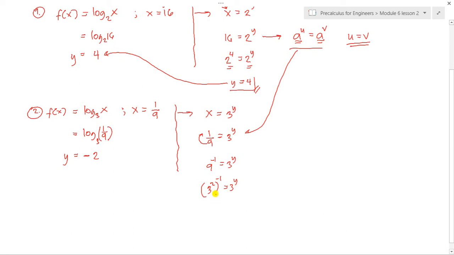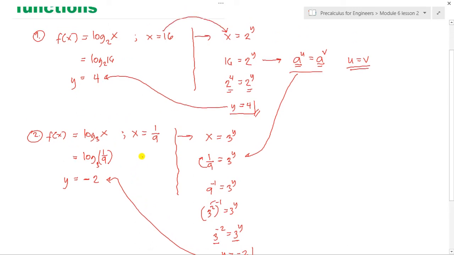They now have the same base. By the power rule, we multiply the exponents, so that would be 3 raised to negative 2 is equal to 3 raised to y. Since they have the same base, we can equate their exponents. That is simply y is equal to negative 2. That proves it is the same as our calculator answer.